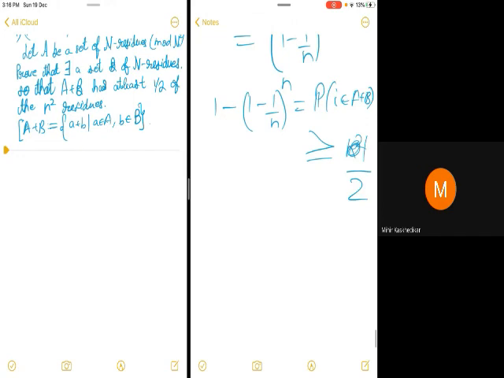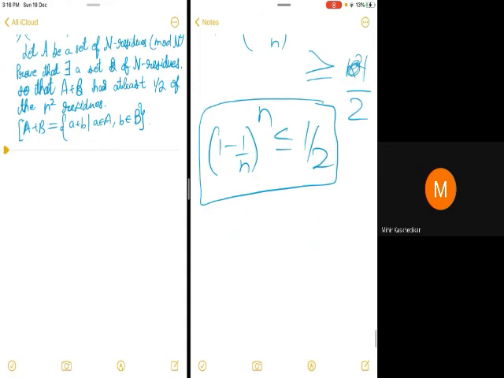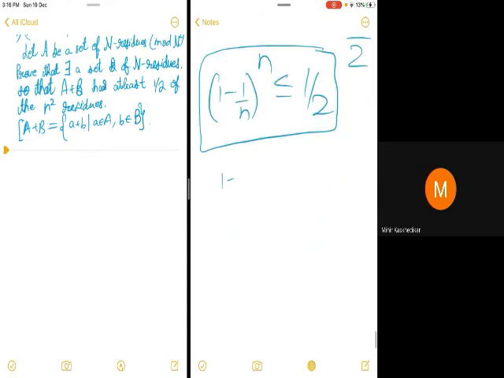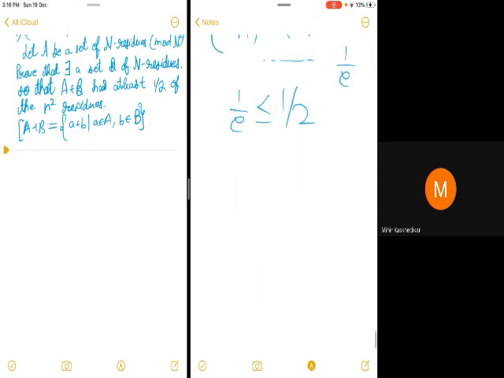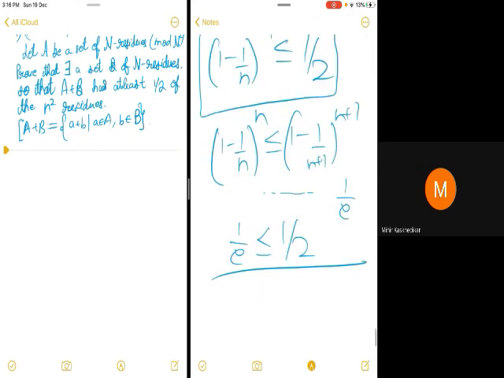So we just need to prove that 1 minus 1 by n to the power n is less equal half, but this is a fact, because 1 minus 1 by n to the n is a decreasing function. Yes, it's a decreasing function. That means that this is true, and its limit is 1 by e, which is less equal 1 by 2. So that means we have solved this.